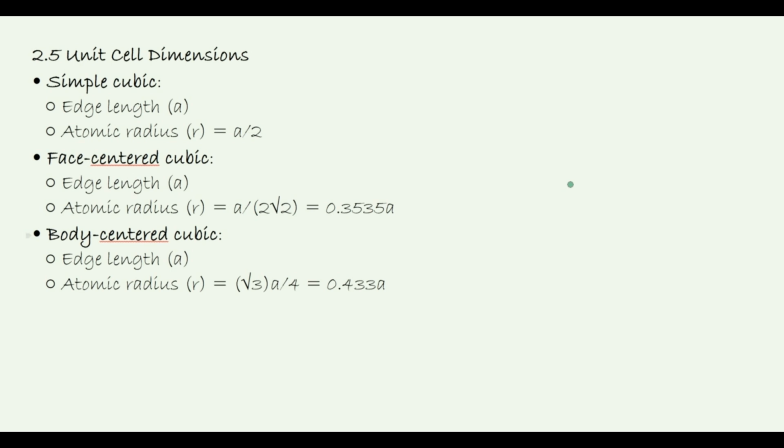And for face center cubic, R is equal to A by 2 root 2, which becomes 0.353 A. And for body center, that is 0.433 A, that is root 3 into A divided by 4.